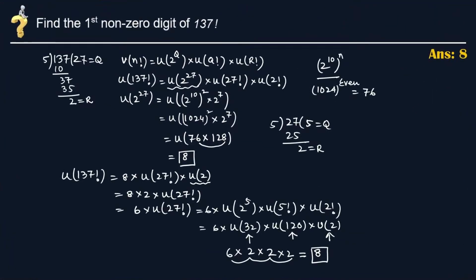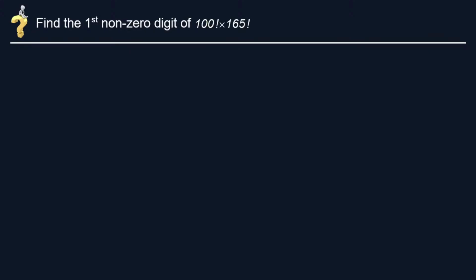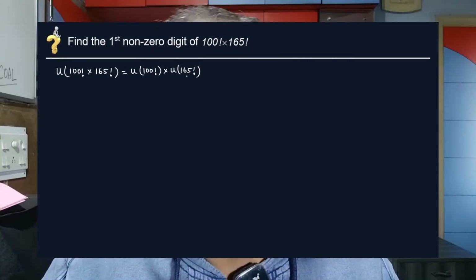Let me take another example. In this question, we have to find out the first non-zero digit of factorial 100 into factorial 165. So we have to find out u of 100 factorial into 165 factorial, correct? Which can also be written as u of 100 factorial into u of 165 factorial.